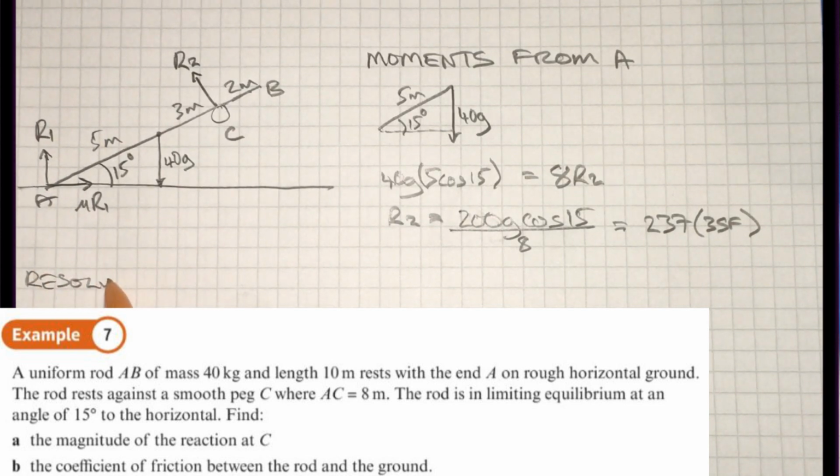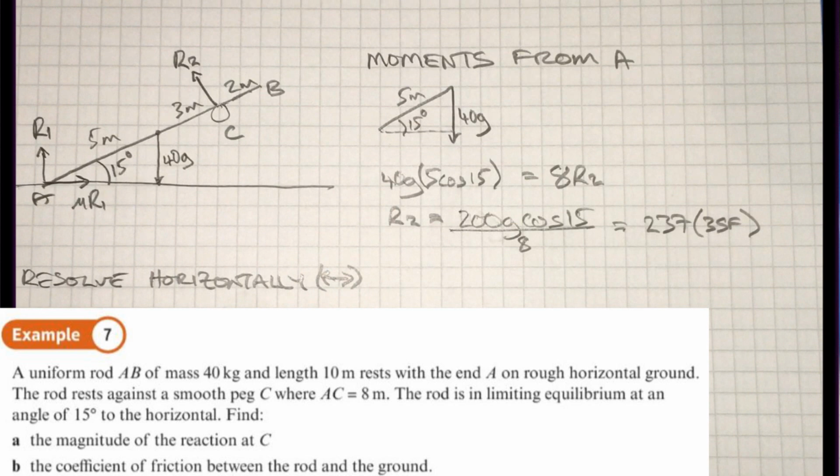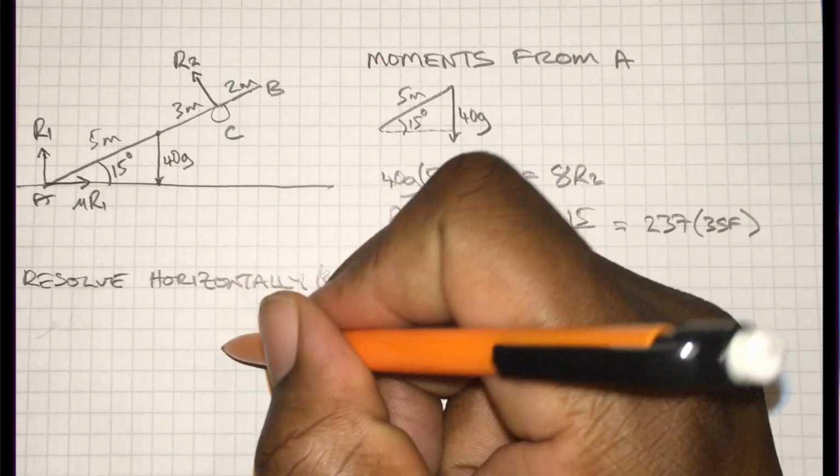Okay, so from here, I will go ahead and resolve horizontally first, being extremely careful that R2 does have a horizontal component that I'm going to need to consider.